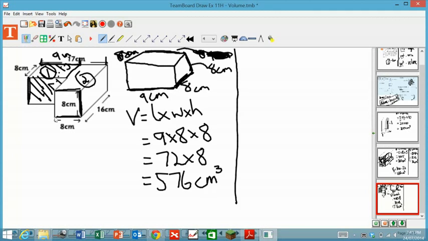Okay, this one here. And these measurements are much clearer. So I know that there is 8 centimeters. I know my width is 16 centimeters. Okay, and I know my height is 8 centimeters there. So again, my volume equals length by width by height.